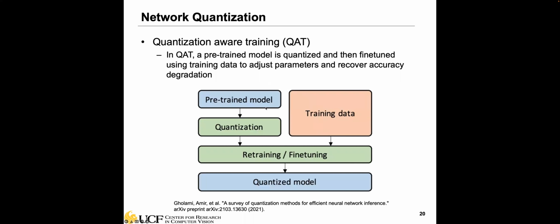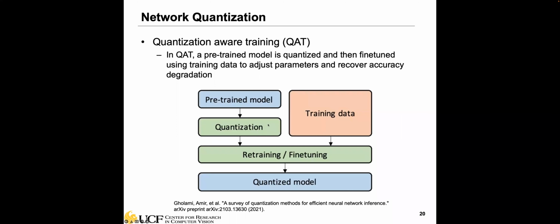So for quantization aware training, the QAT, the model is quantized and fine-tuned using the training data to adjust parameters and to recover the accuracy degradation, right? So you have a model and you do the quantization, right? You also have access to the training data. Because of the quantization, you suffer from some information loss.